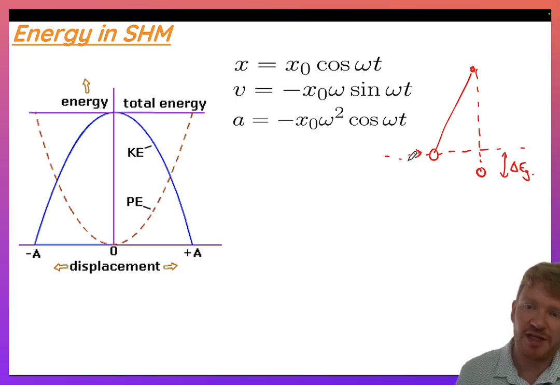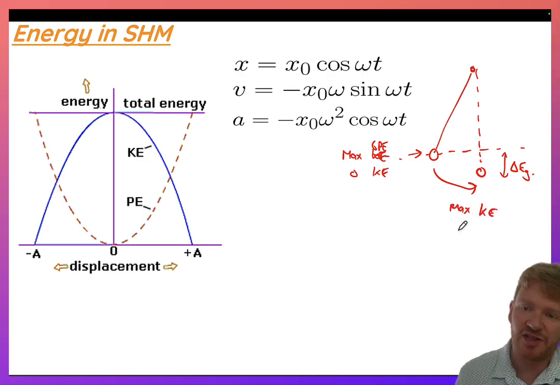Over here, it has maximum GPE, gravitational potential energy, and it has zero kinetic energy. As it swings through the center, it has maximum kinetic energy and minimum gravitational potential energy.